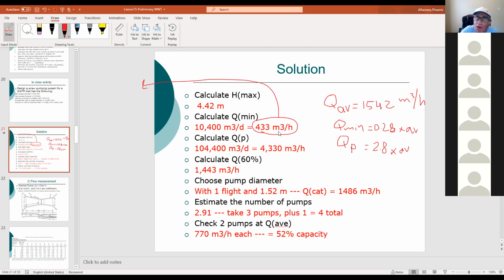Now, the problem is these pumps, when they run at 60% efficiency, provide you with 30% of the Q only. If they run at 60% efficiency, very low. So what to do here? This should be divided by this number. I'll explain why divided now.